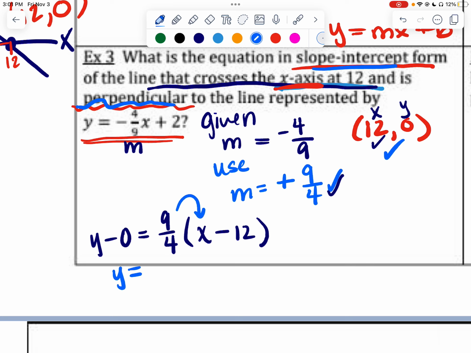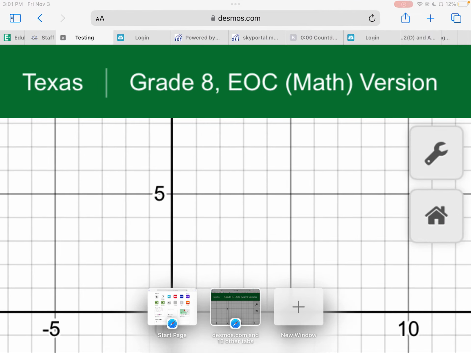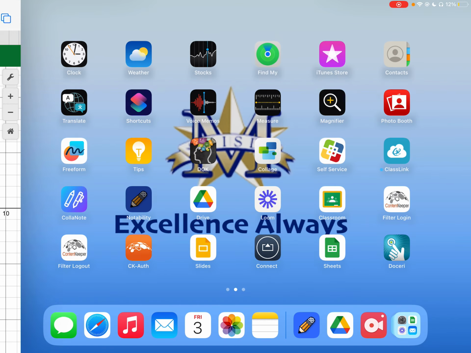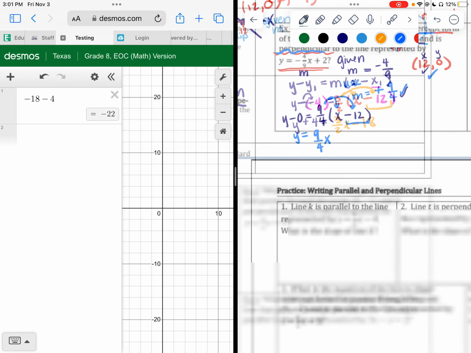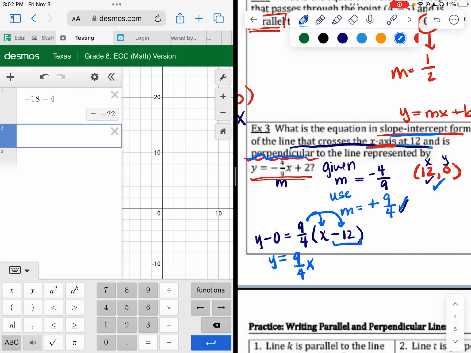9 over 4 times x is just 9 over 4x. And 9 over 4 times negative 12, that one I don't know. It's just Desmos. Easy. Let's see. What is it again? 9 over 4 times negative 12.